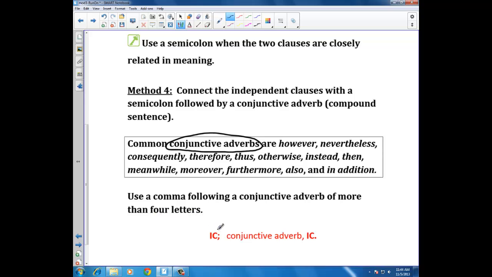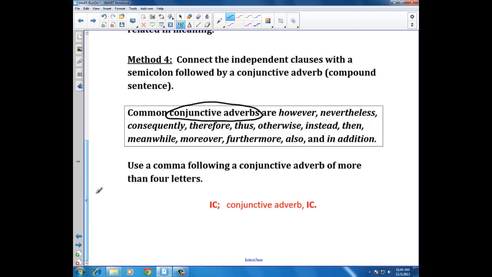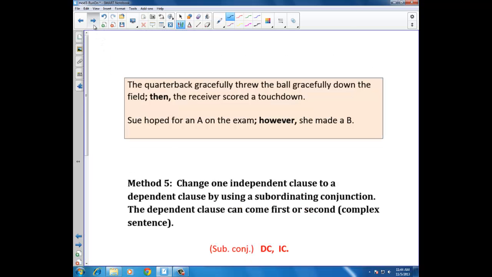So you have IC, semicolon, conjunctive adverb, comma, independent clause. The quarterback gracefully threw the ball down the field; then the receiver scored a touchdown. Sue hoped for an A on the exam; however, she made a B.